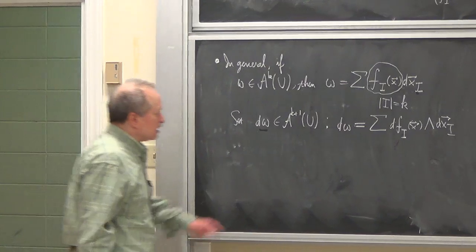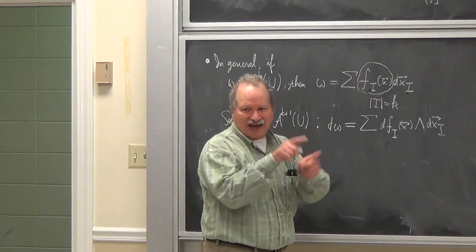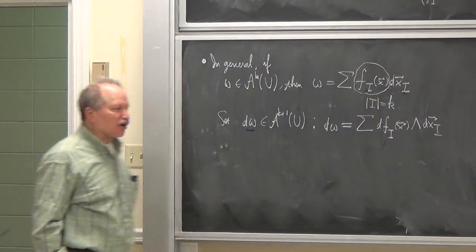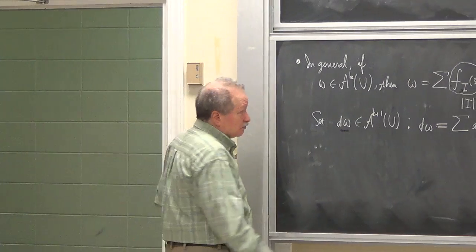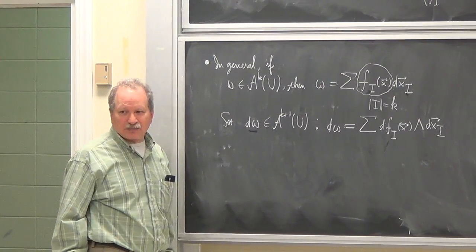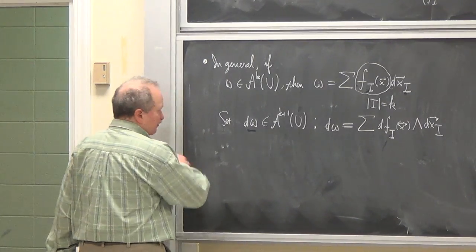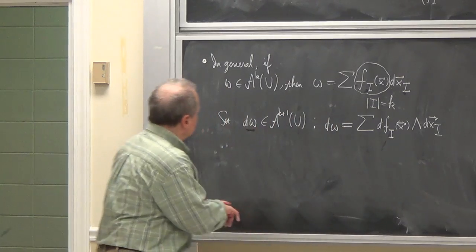Well, except it's really, all you need to do is do functions, and then you can just plug that into everything. You can still think of it as recursive if you want. Okay, that's the rule. So dx sub I is a k form, and you're wedging it with the one form, so you get a k plus 1.